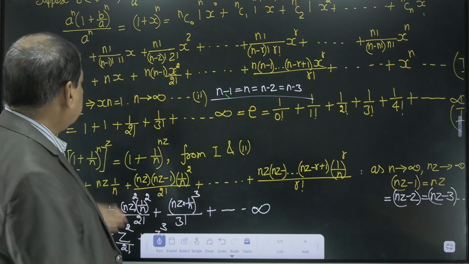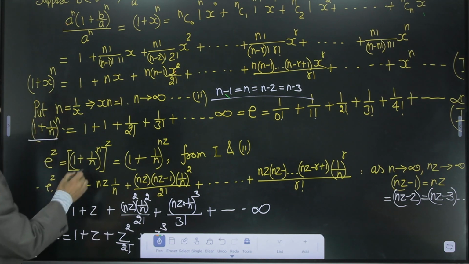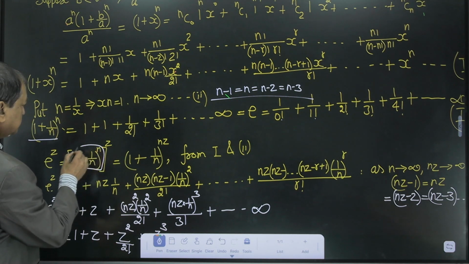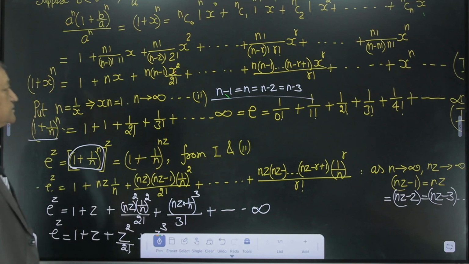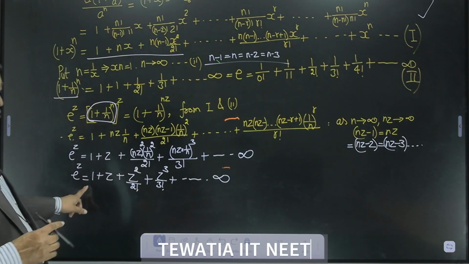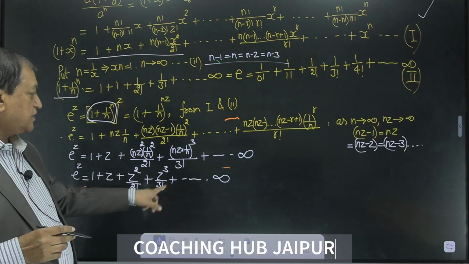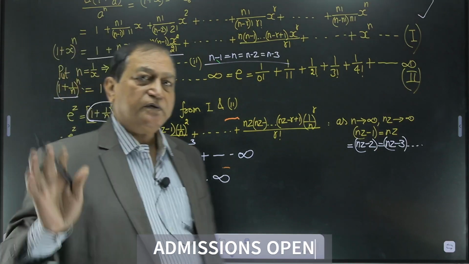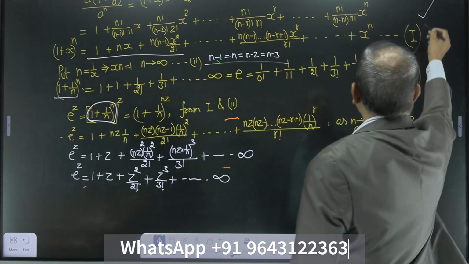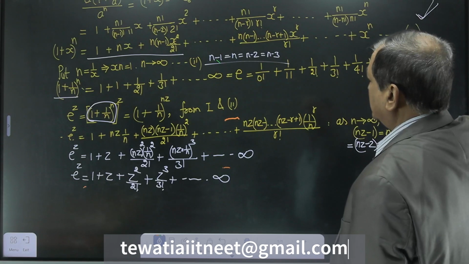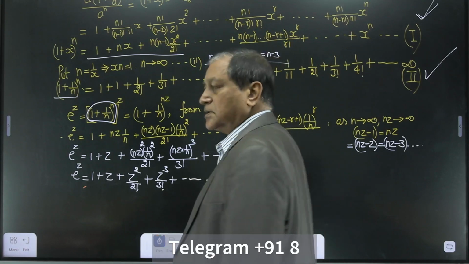That is again very simple to derive from e. e raised to power z means (1 plus 1 by n) raised to power nz. e raised to power z is equal to 1 plus z plus z square by 2 factorial plus z cube by 3 factorial and up to infinity. So we have covered 3 series: (1 plus x) raised to power n, number 1, then e, number 2, then e raised to power x, number 3.